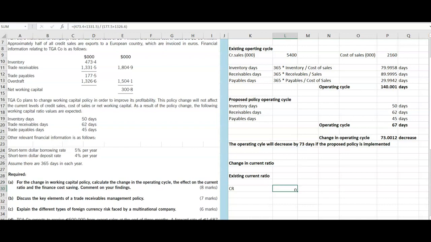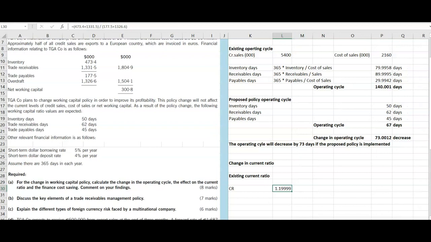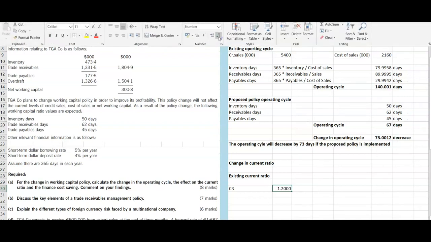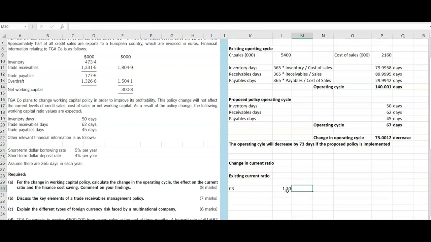We close the bracket and get the answer. The answer comes to 1.19, so we can round it off. Okay, so that's about the current ratio.